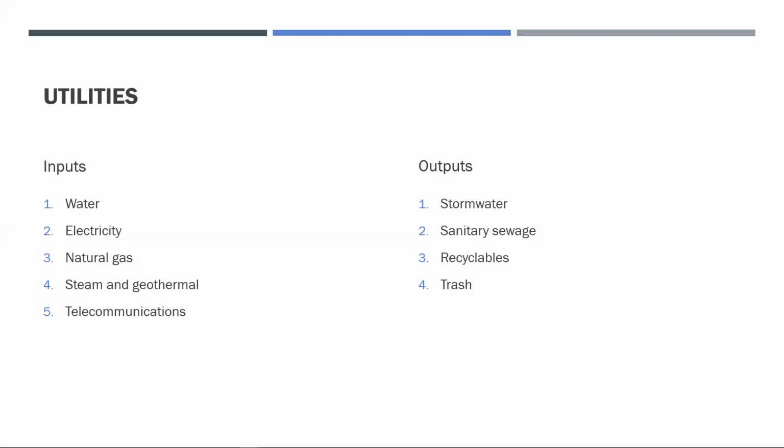So these utilities, therefore, are a part of the whole green infrastructure. And then, of course, you need to assess the presence or the absence of such utilities to consider both potential resource inputs and outputs.